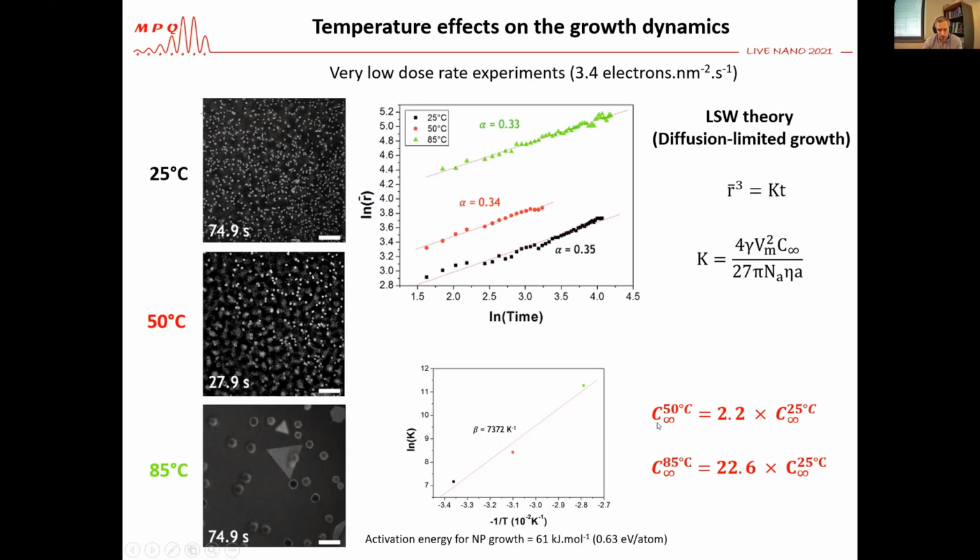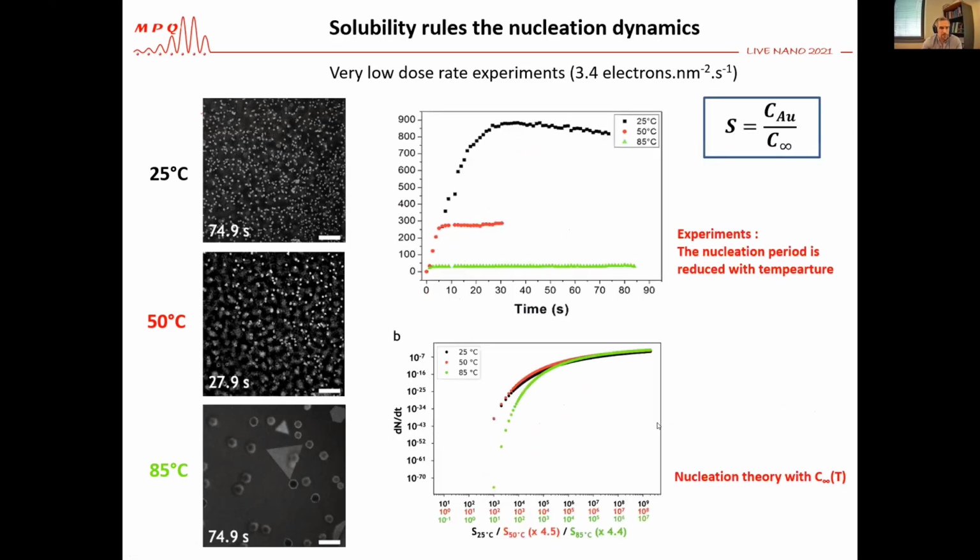And with this new information, we can now revisit the nucleation theory, taking into account the variability of the equilibrium solubility, which of course affects the supersaturation ratio. Now you see that the two curves of the nucleation rate as a function of the supersaturation ratio overlap at 50 and 25 degrees, which is perfectly in line with the fact that we observe the same nucleation rate during the nucleation phase at these two temperatures.